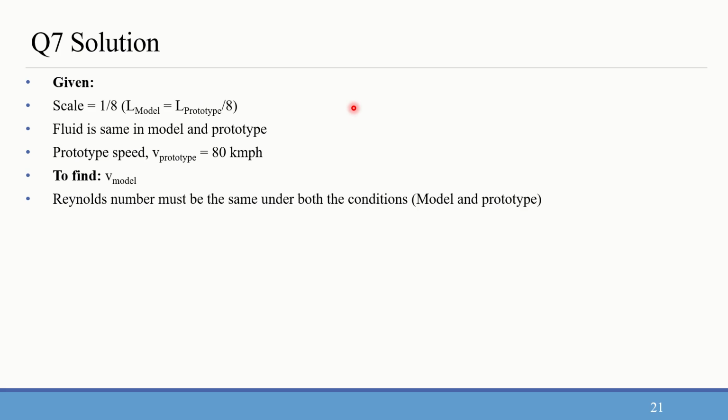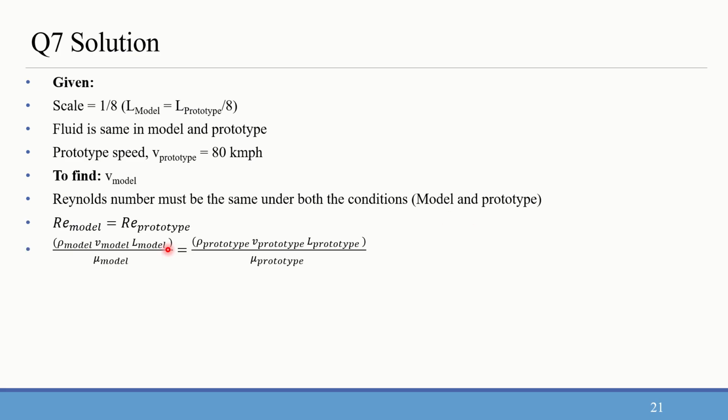In the previous question itself, we saw that Reynolds number must be used to match both the conditions. Reynolds number must be the same under both the conditions, model and prototype. So Reynolds model is equal to Reynolds prototype, and we are just equating between the model and the prototype.